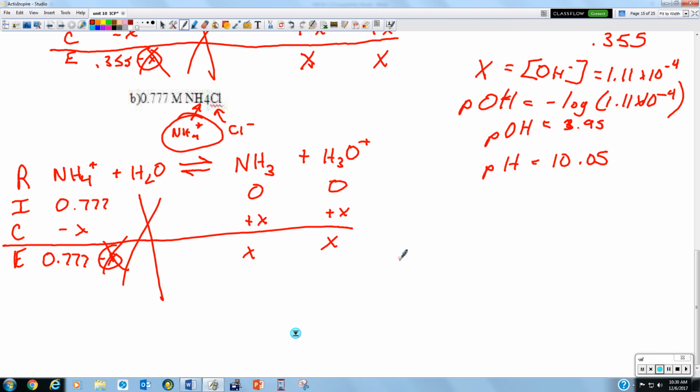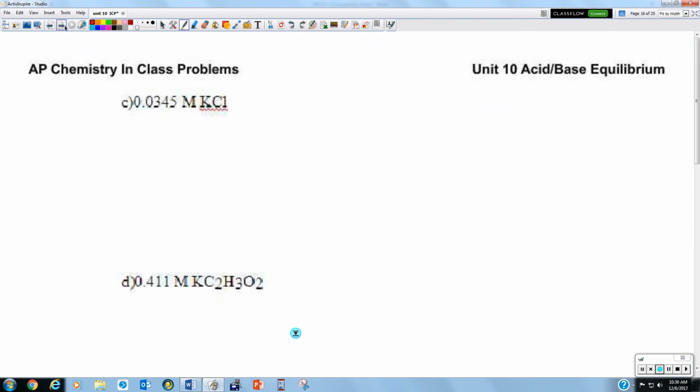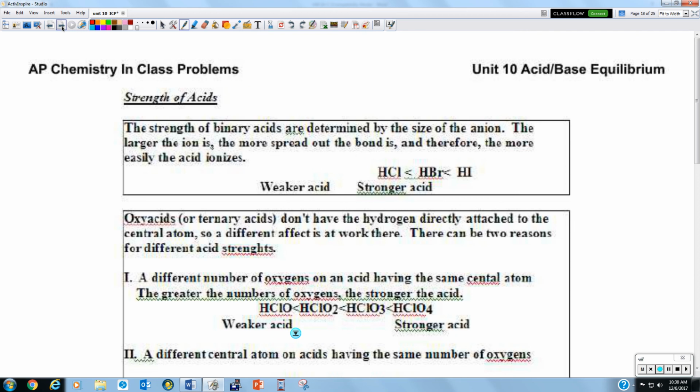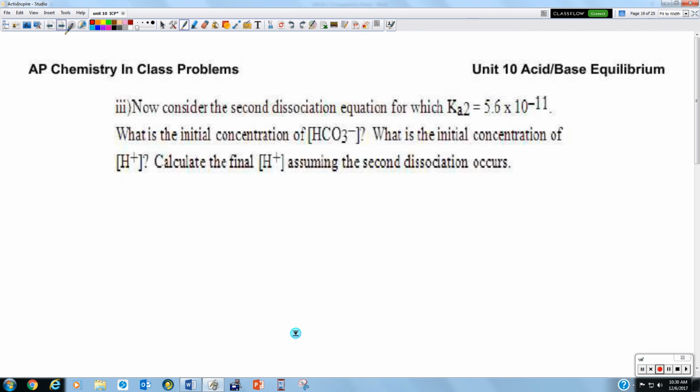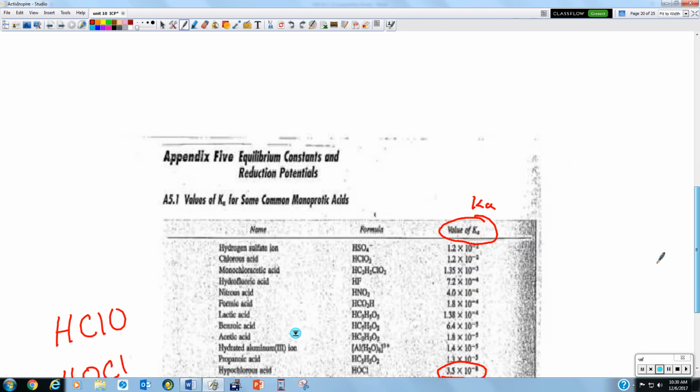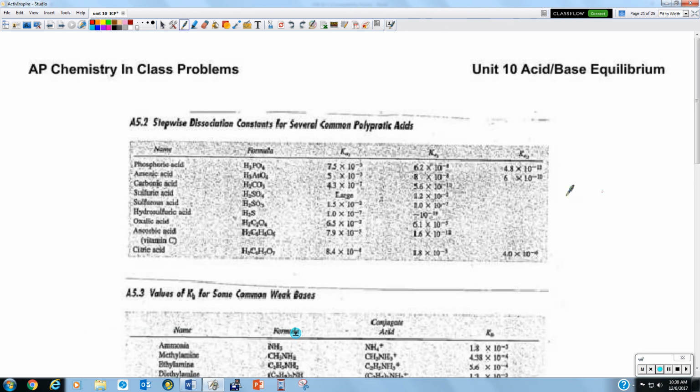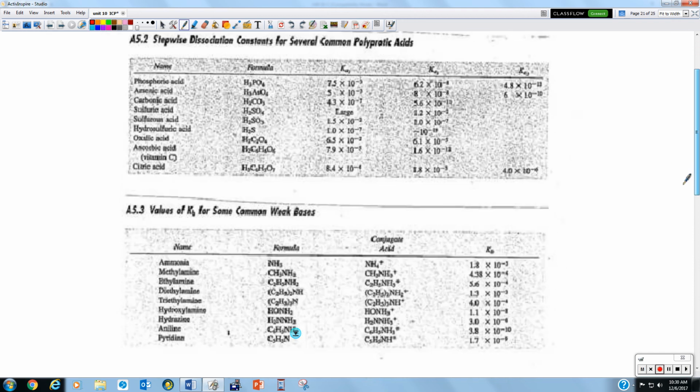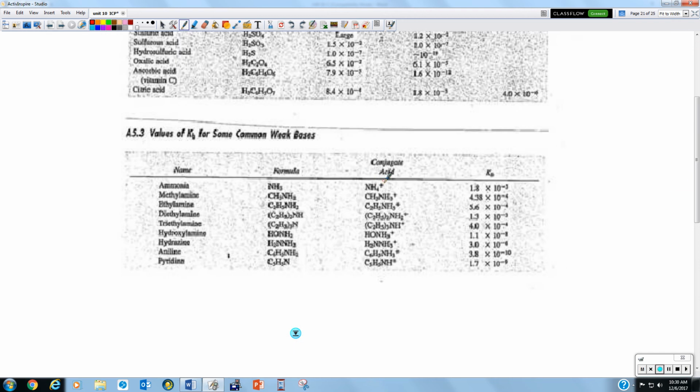So I'm going to go to my tables. Is it on that last page? Yeah. All right, so I go ahead and I find my ammonia. I'm thinking that is 1.8. We solved for it yesterday.